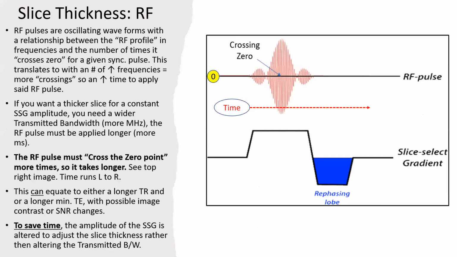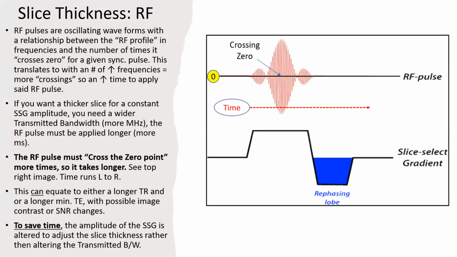Now, the reason why I say time efficient is when you want a thicker slice, okay? If you use the same amplitude slice select gradient, but you want a thicker slice, you can do that. But you've got to put more frequencies into the RF pulse, and it takes longer to apply all that extra or wider transmitter bandwidth, because the RF pulse is oscillating, it's a sine wave.